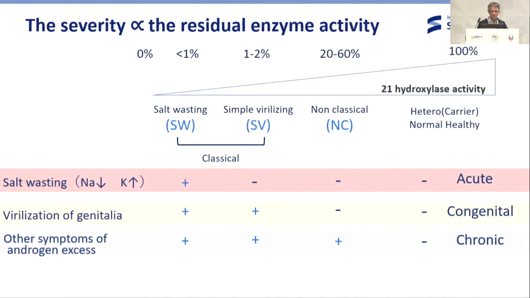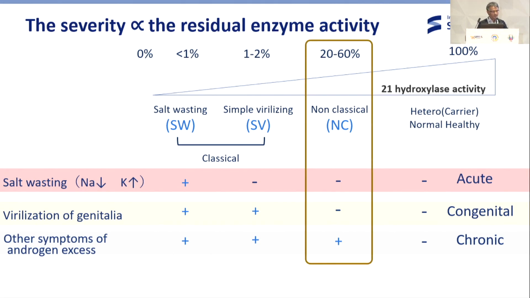The severity of the disease is related to the genotype, that is, the residual enzyme activity. According to severity, the disease can be classified into three groups: salt-wasting type, simple virilizing type, and the mildest, non-classical type. Today my talk is about the non-classical type.